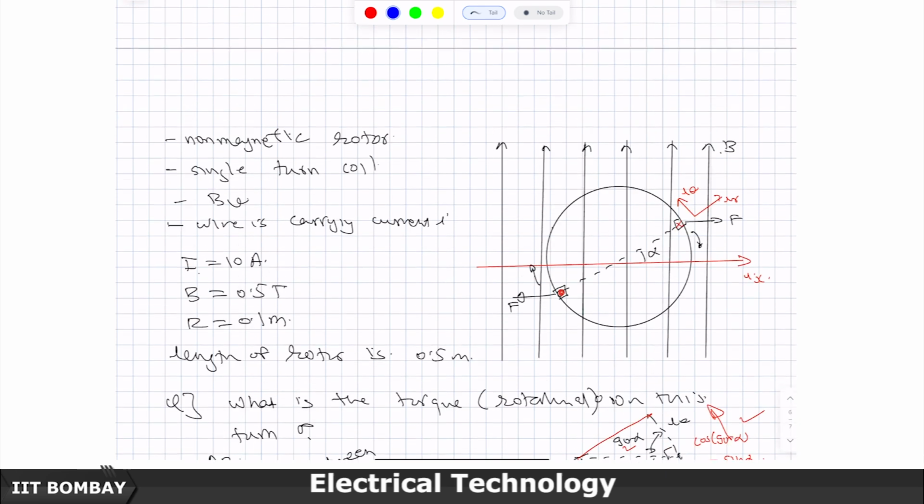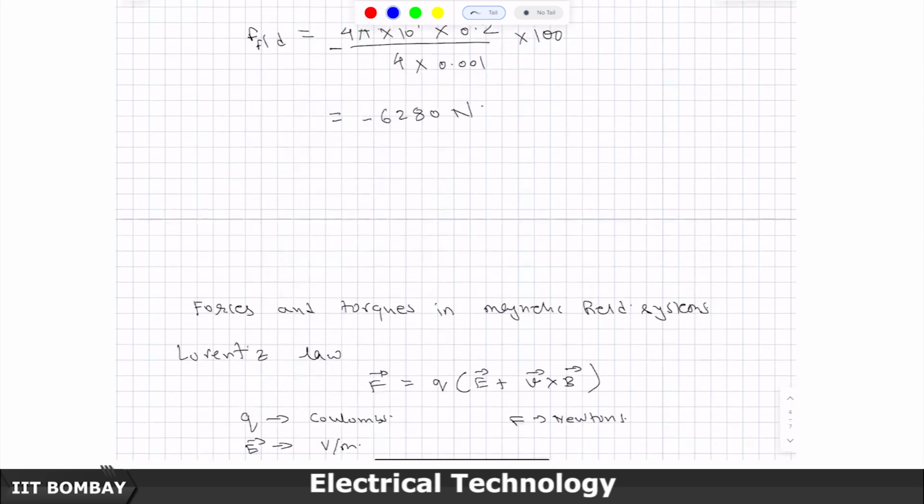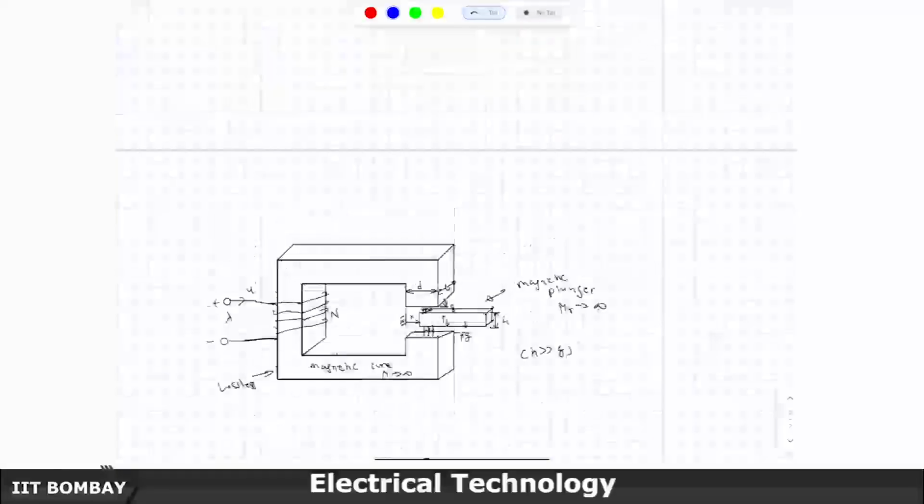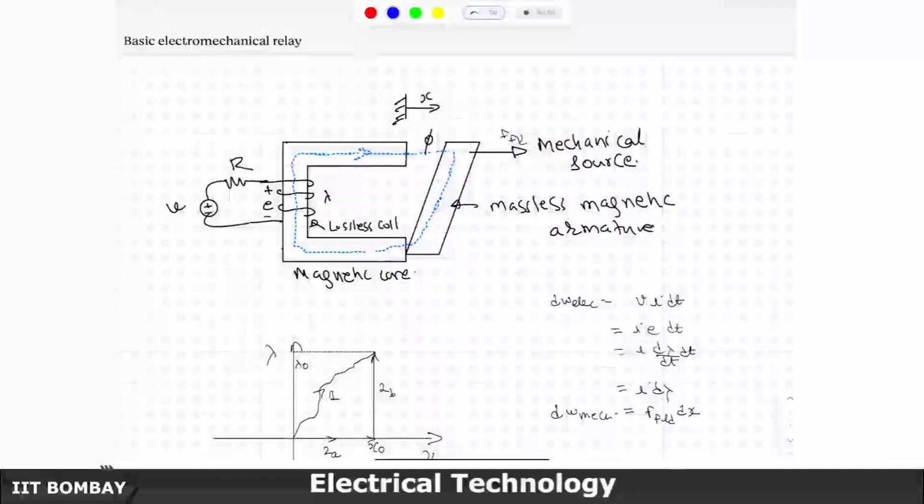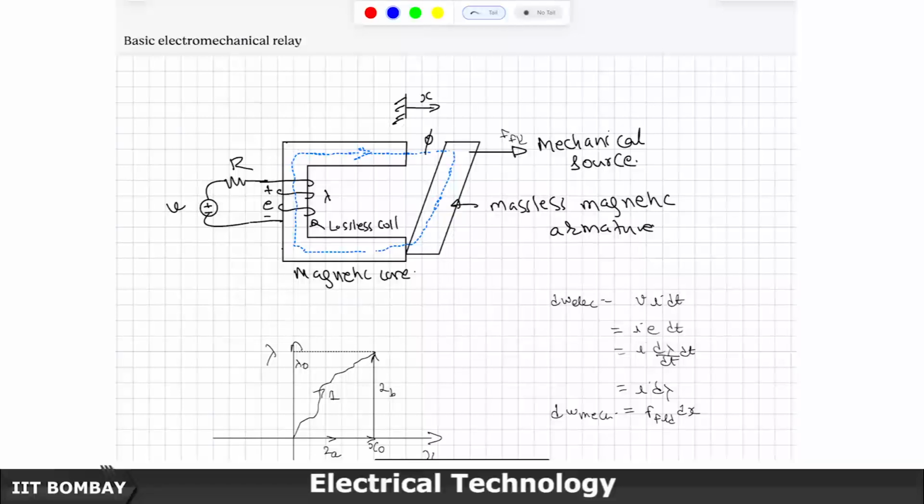Okay. Now, let me come back to something, a basic electromechanical relay.